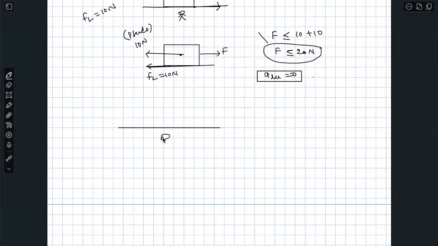Now, in the reference frame, you cannot change the acceleration of the lower one. That is fixed, 2 meters per second square. Now, according to me, the block is experiencing whatever, this is a pseudo force, 10 newtons.